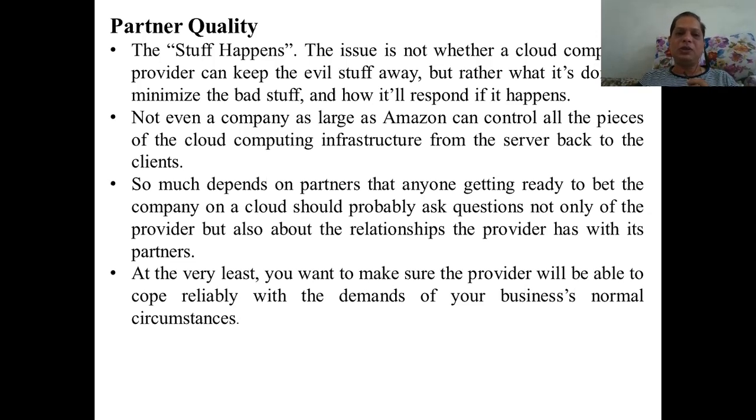If that is given to some company, like Visa, or some company which is providing payment gateways, and if that is not reliable, if it is not up to the mark, if the records and the data which people make use of, their credit card, debit card details, their pins and all that, are not maintained, there can be a big issue. So this is very much dependent on many other business organizations. So partner quality is really important.